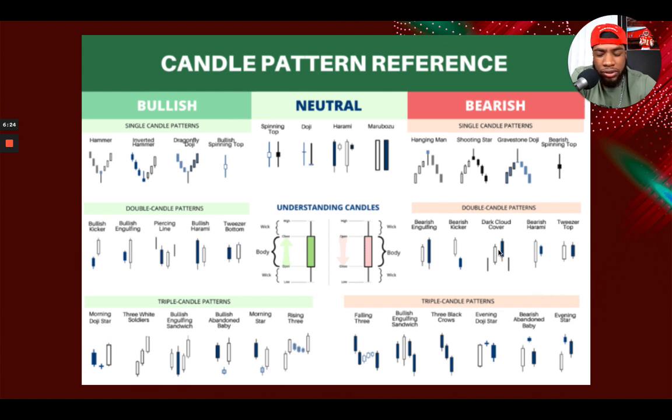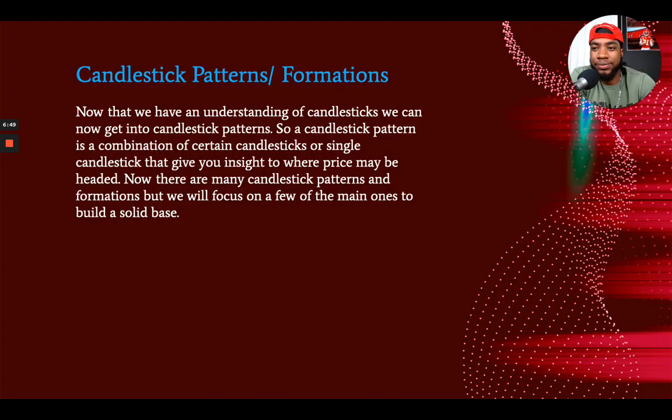Dark cloud cover, really insightful. I don't use that one too much. Bullish engulfing, piercing line, tweezer top, morning star, love the morning star pattern, three white soldiers, et cetera, et cetera, et cetera. Now we're going to go over a few of these, but just to hint and talk about a few of these candlestick patterns, just before we get into the main guts and glory of this video.